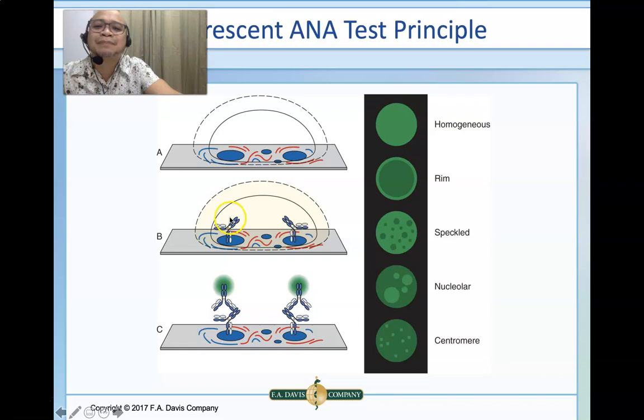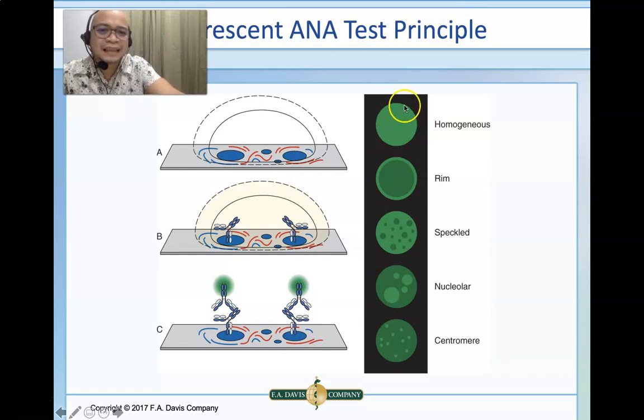If the patient's antibodies specific to the antigen are present, they will attach, forming an immune complex. Then we add a fluorescent-labeled anti-human globulin, which will attach to the Fc portion of the patient's antibody. Then we look under the microscope to determine the pattern. So what are the possible patterns? Homogeneous, as you can see, is plain.